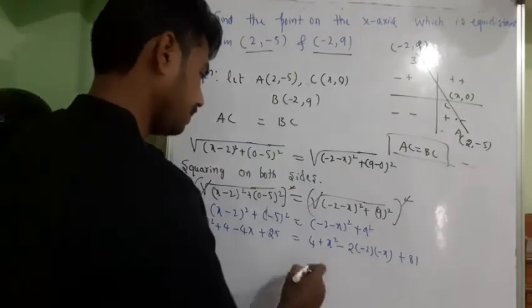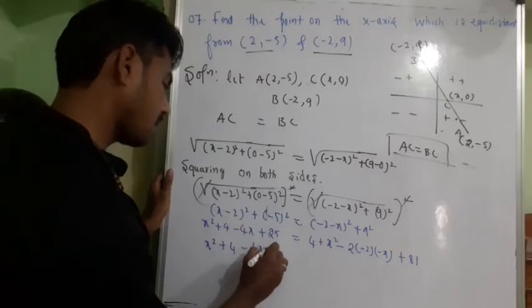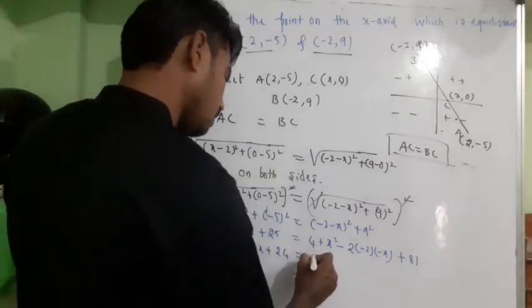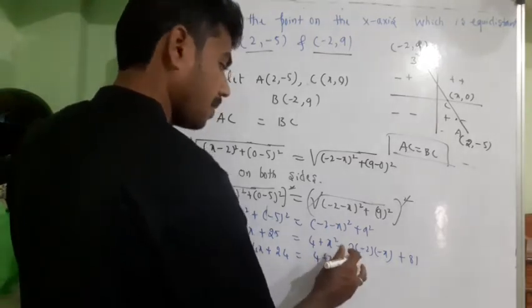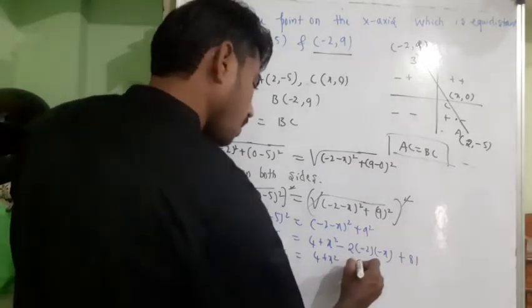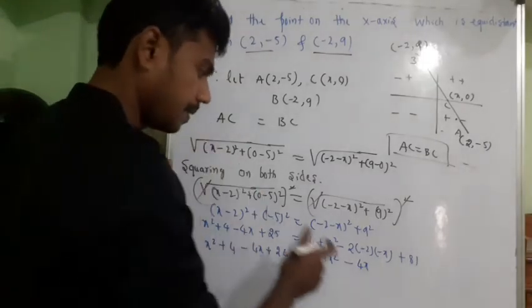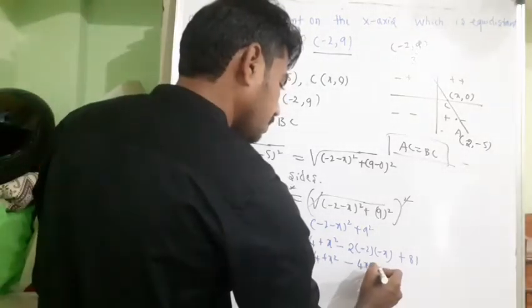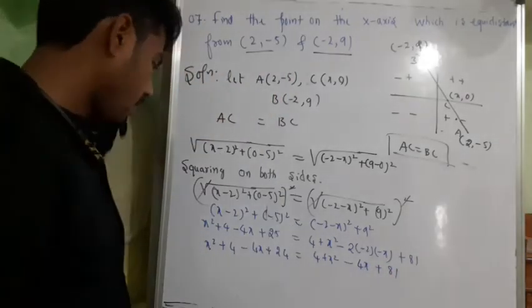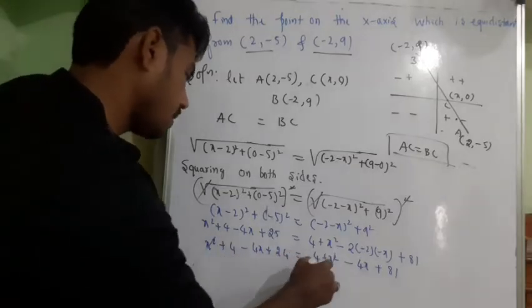So x square plus 4 minus 4x plus 25 is equal to 4 plus x square plus 4x plus 81. Understood? Now this x square will get cancelled.